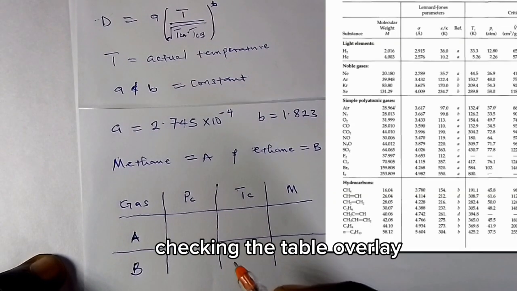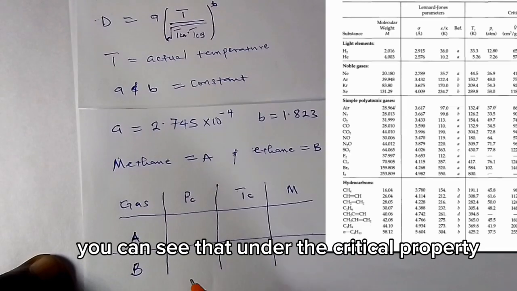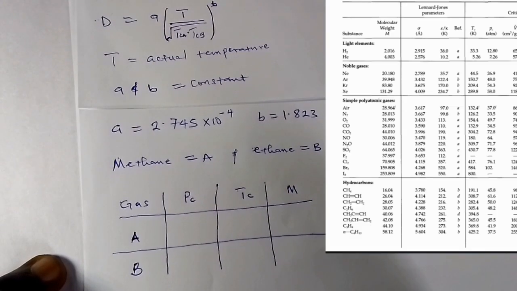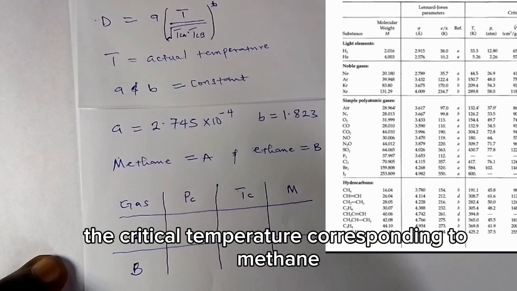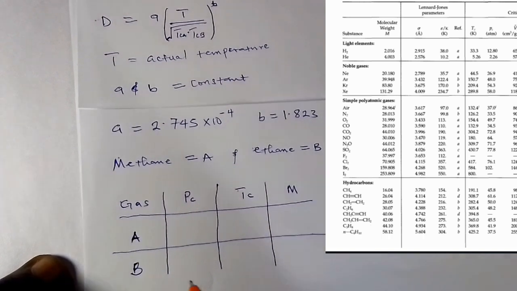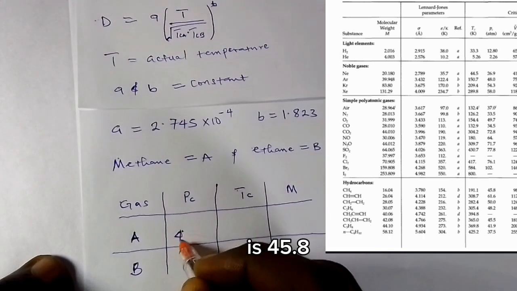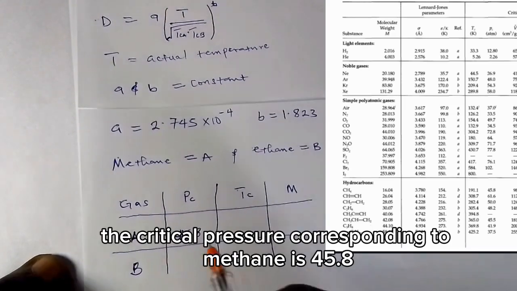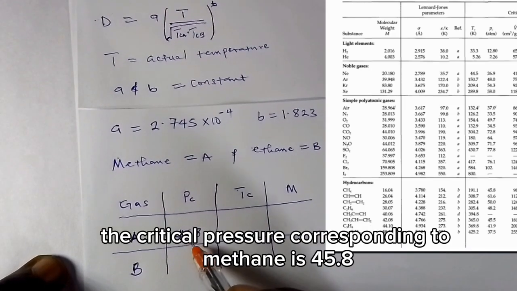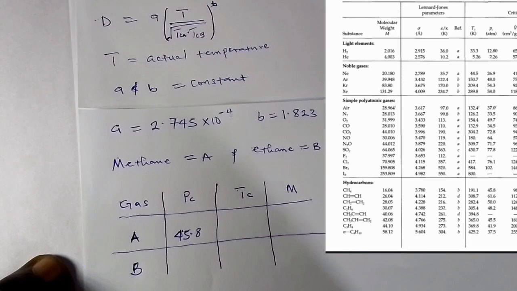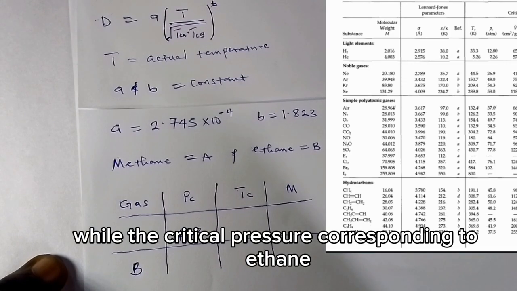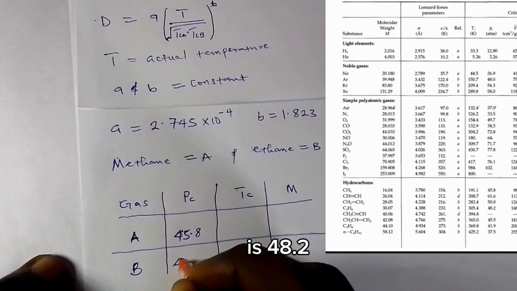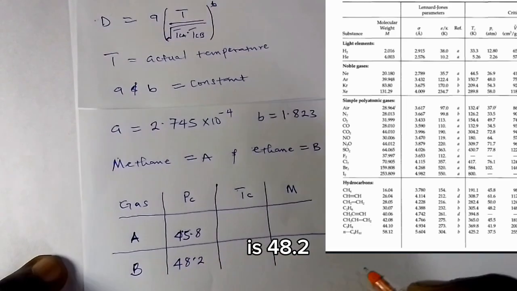Checking the table overlay, under the critical properties, the critical pressure corresponding to methane is 45.8, while the critical pressure corresponding to ethane is 48.2.